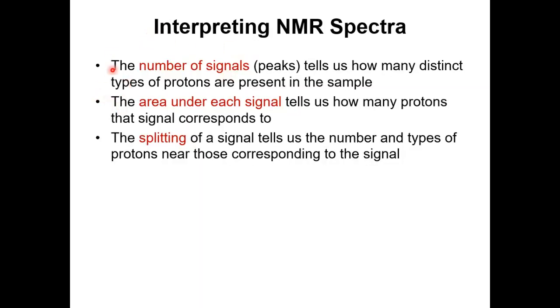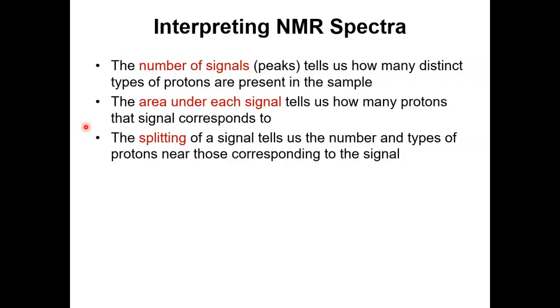The first two pieces of information are universally applicable to every NMR spectrum you will see. The splitting will be more complicated, but in relatively simple cases it is also very important.